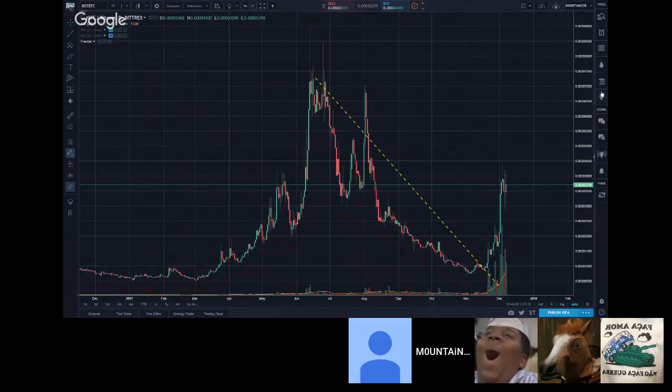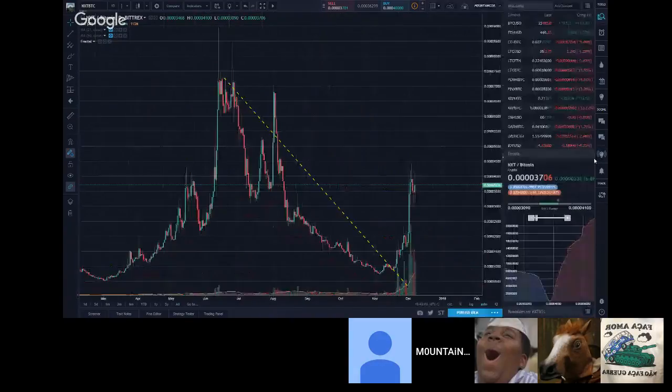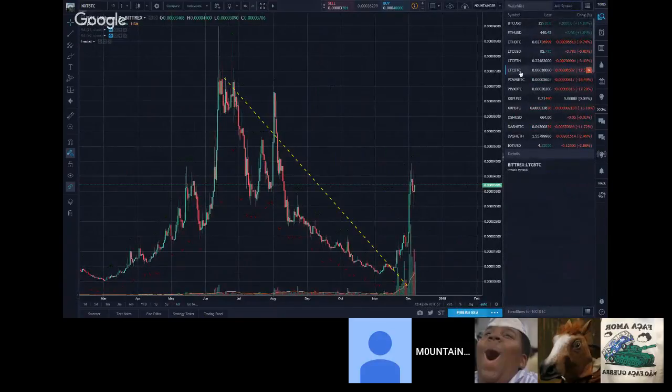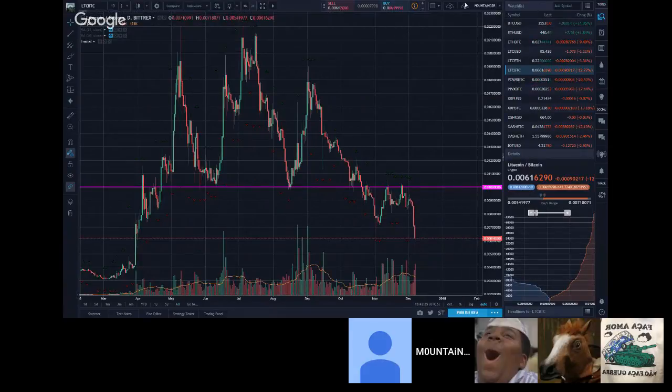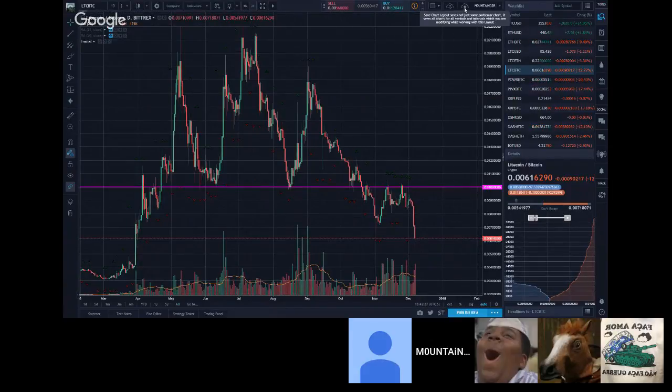And then you can put in your watch list the symbols that you want to keep an eye on, and then you can just flip back and forth between each of them, and you're going to have the same setup with your colors and your indicators all the same from one to the next. Okay. The lines and the drawings are all saved whenever you click that little cloud save button there.